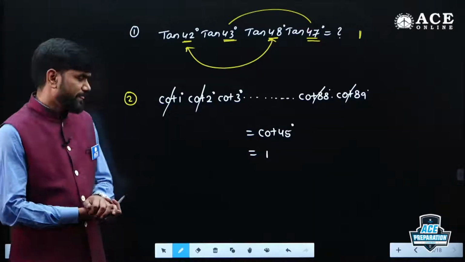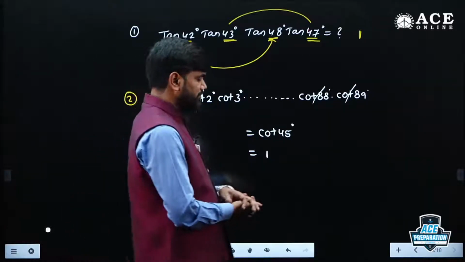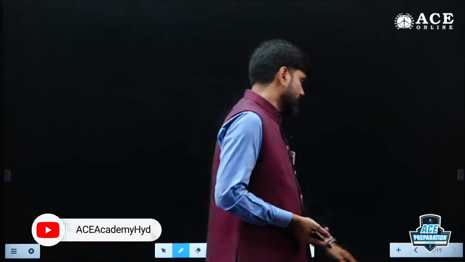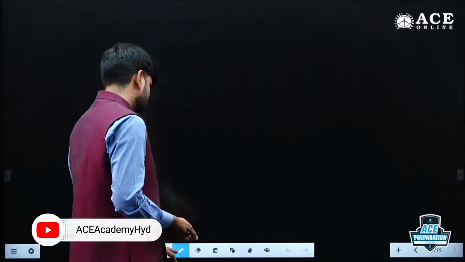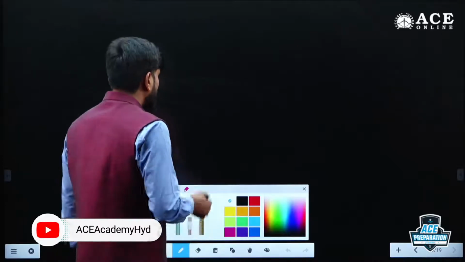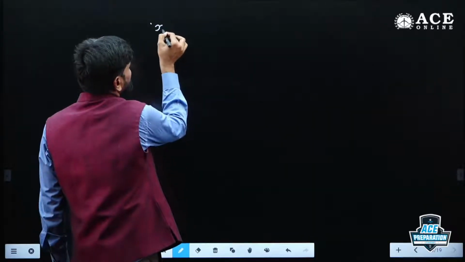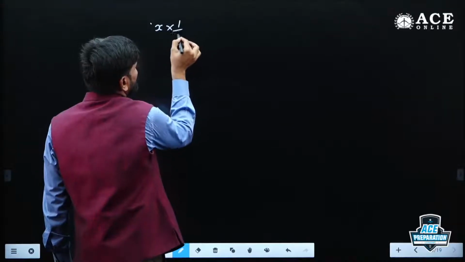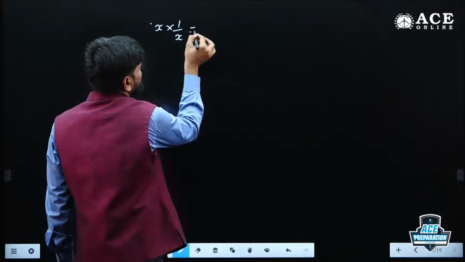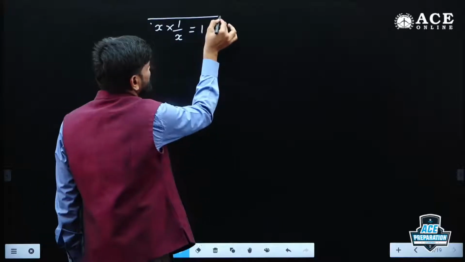Moving ahead. What are the other things you must know? Let us see. As we have already seen, we know that always x into 1 by x will always be equal to how much? 1. This is what we know.